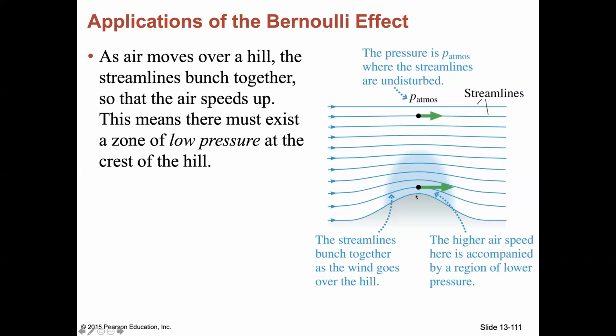And denser streamline means a faster movement of the air. And a faster flow of the air results in a lower pressure than normal. So if you stand on such a zone, then the pressure at this zone is lower.